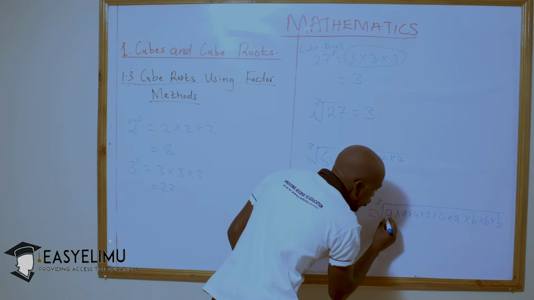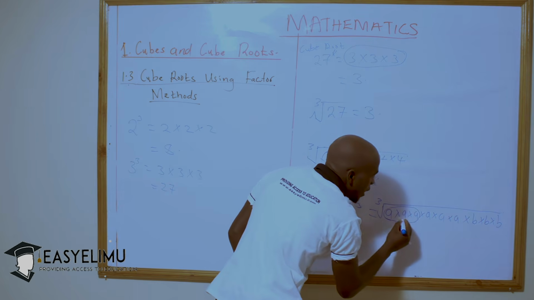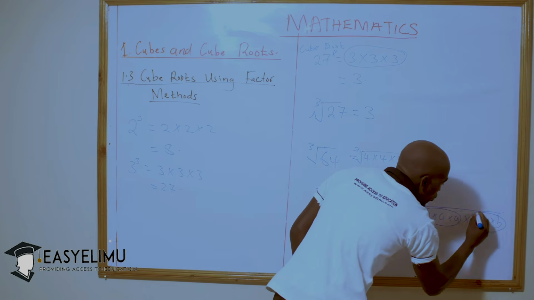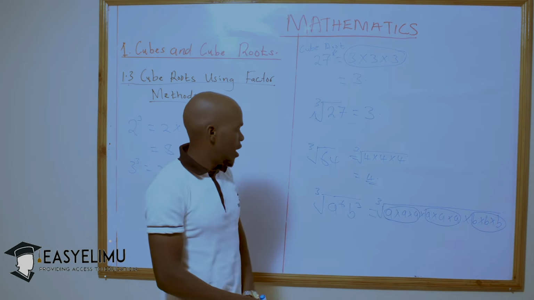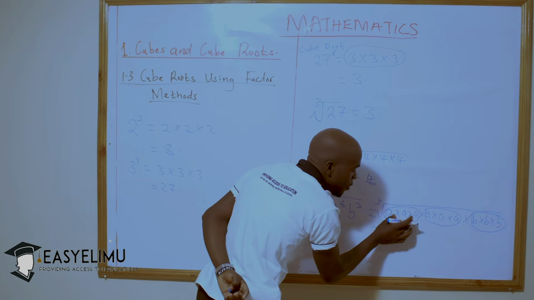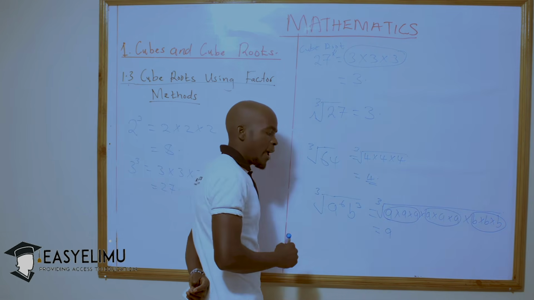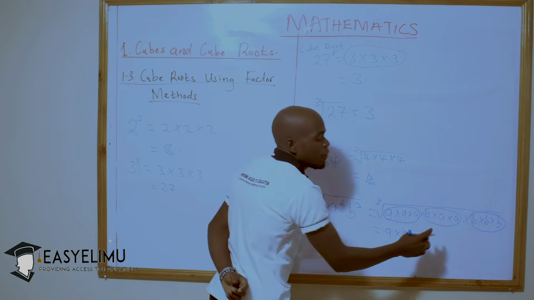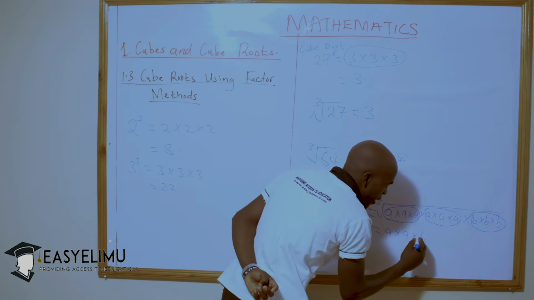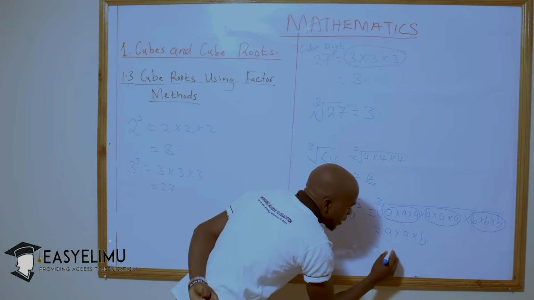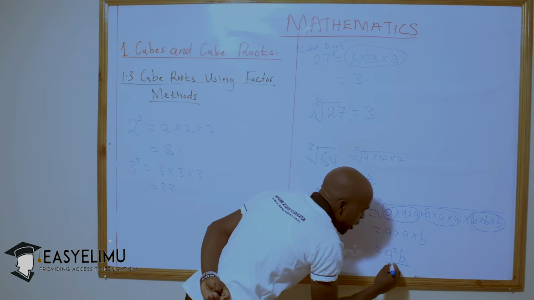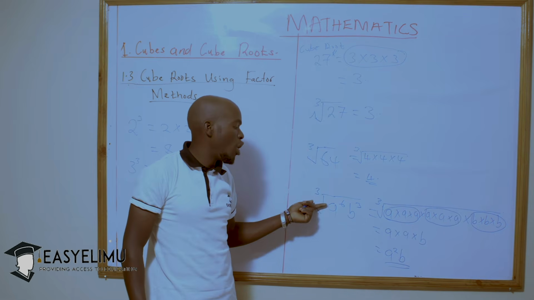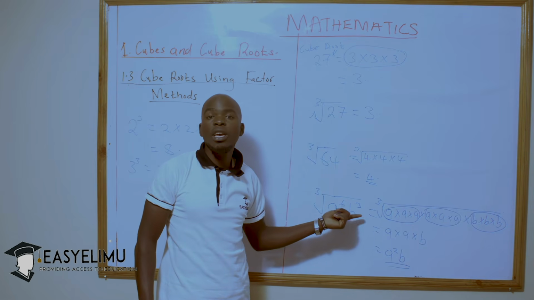We group the first one, then the second one, then the third one, which are similar. From the first group we shall take a, from the second group we shall take a also, and from the third group we shall take b. On doing that, you will have a squared b. This means that a squared b is the cube root of a raised to 6 b cubed.